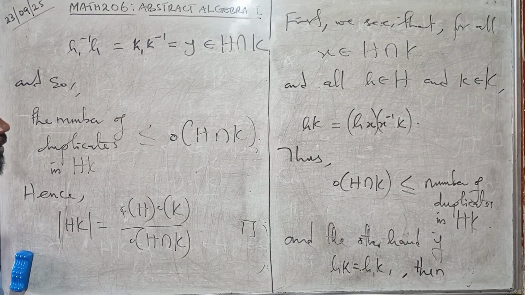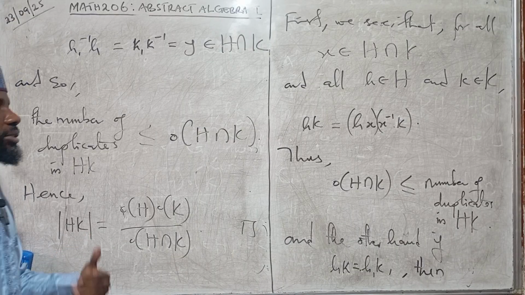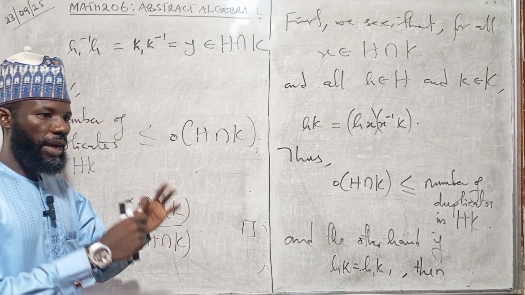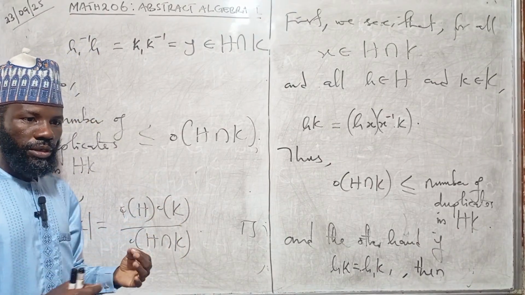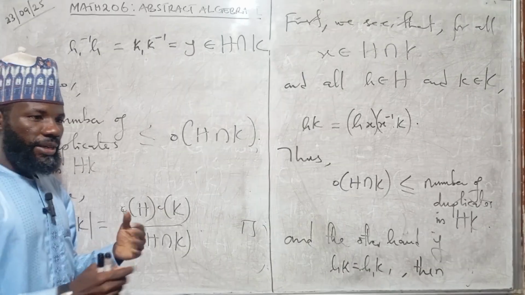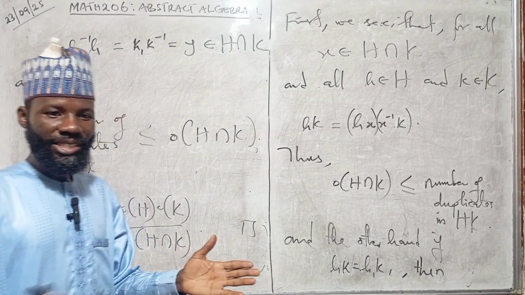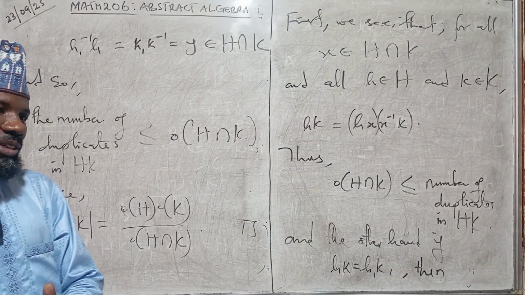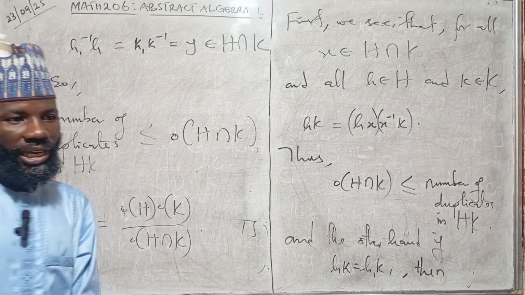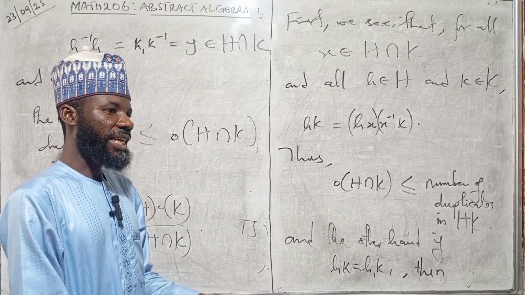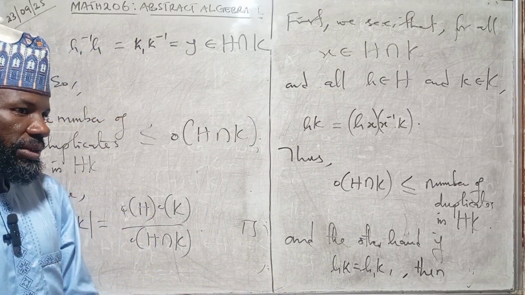So I think the next thing to talk about is normal subgroups. You remember in one of our examples, for one subgroup, all the right cosets coincide with the left cosets, but for the other subgroup, the right cosets are not the same as the left cosets.